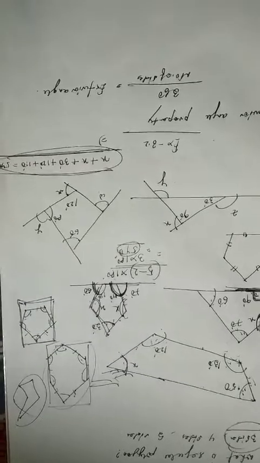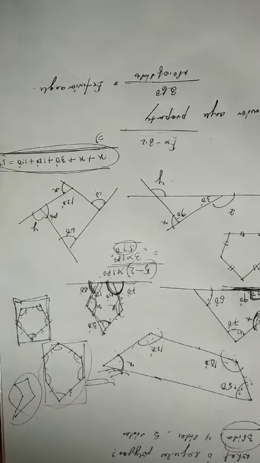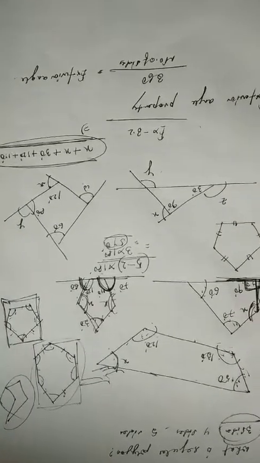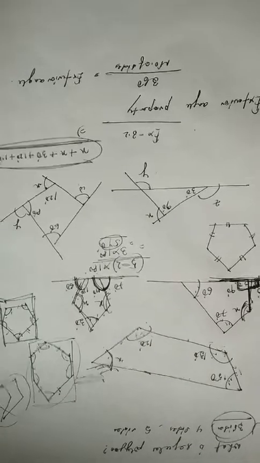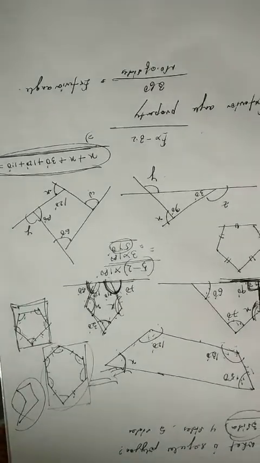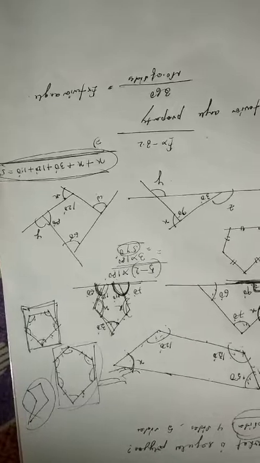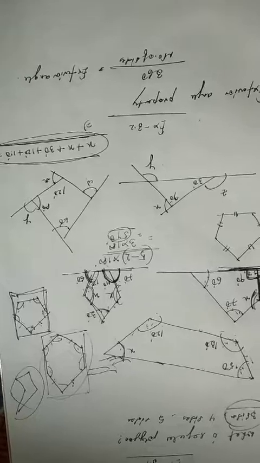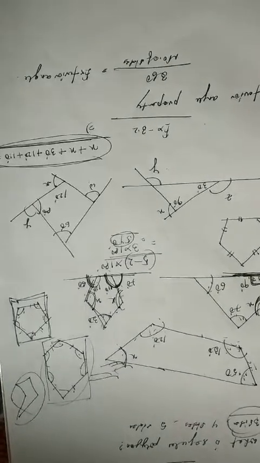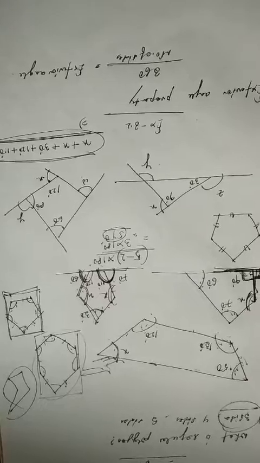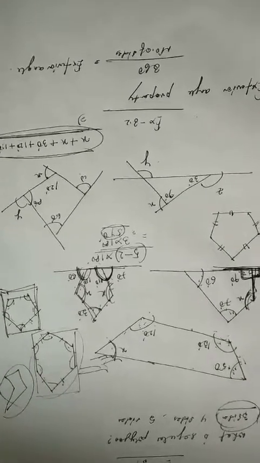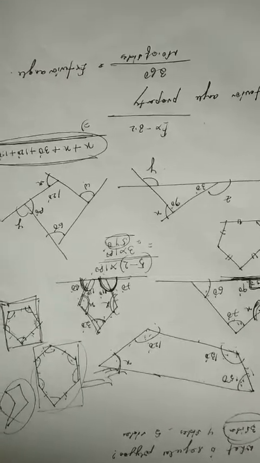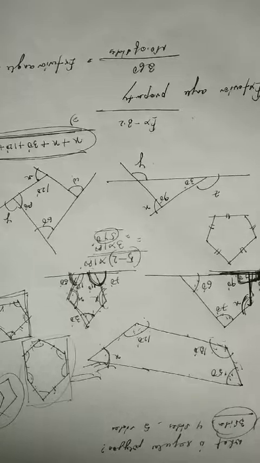After a certain time, as the number of sides increases, it tends to be more like a circle, because the circle measures 360 degrees. As the angle of a circle is 360 degrees, as the number of sides of a regular polygon increases, it tends to be more similar to a circle. That's why we got that 360 degrees from there.